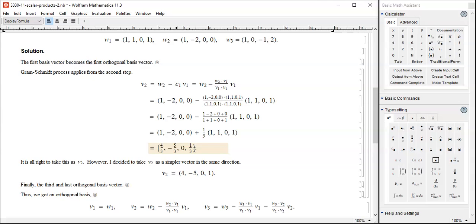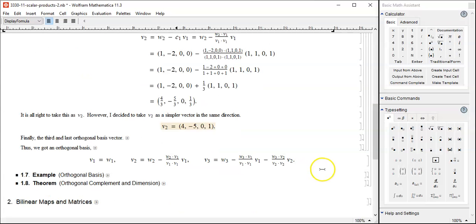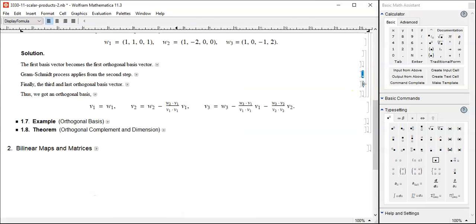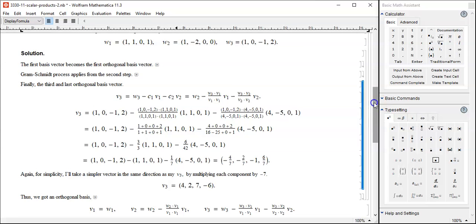Okay, it's okay to take this as my V2, but if I use my V2 like this, then the next computation will be much more complicated because of these fractions. So I just multiply by 3 to make everything integers so that the next computation is a little more manageable. And I'm going to put that into the next one. And then how does that computation go? Again, I'll just show you the computation, but I don't know if I can follow it easily.